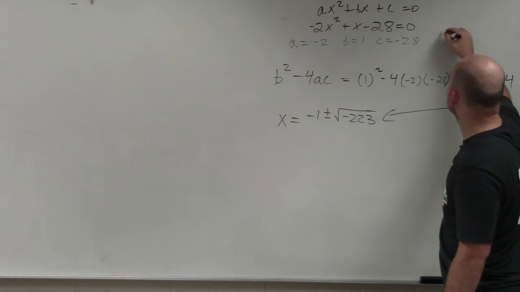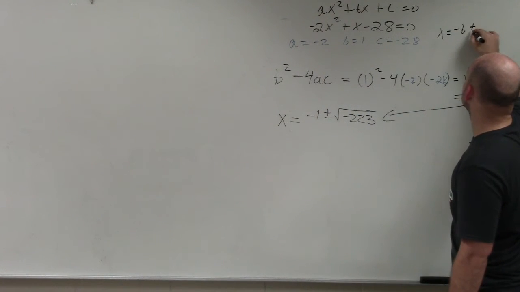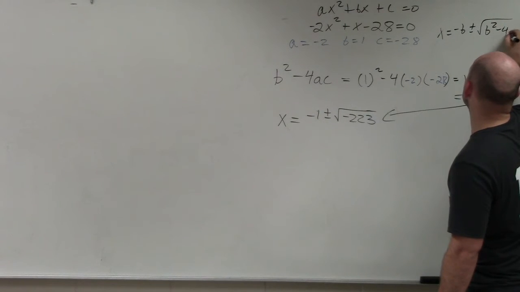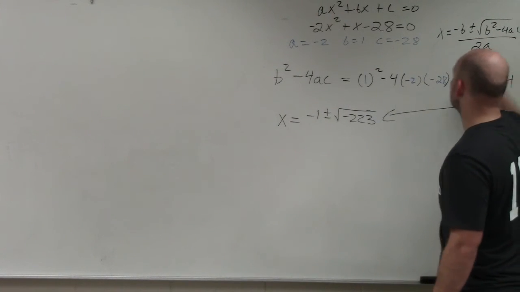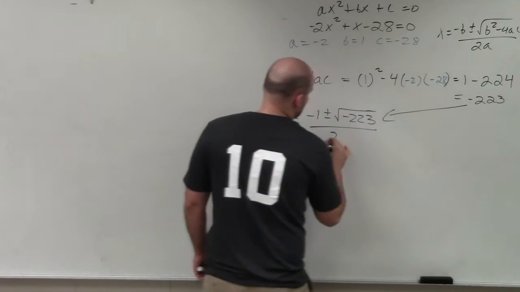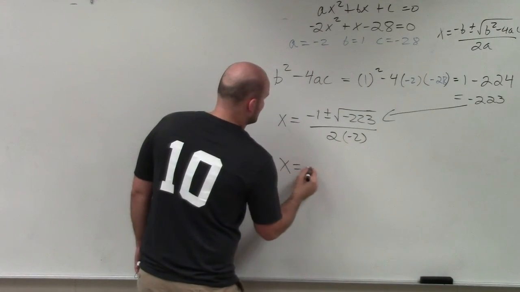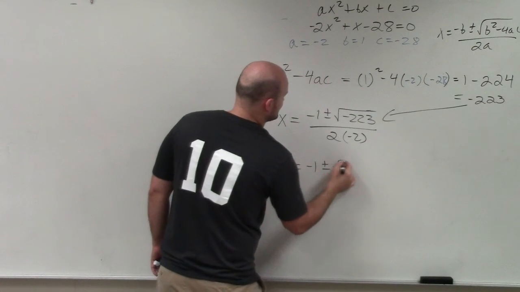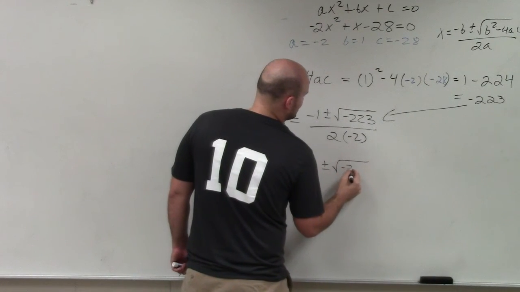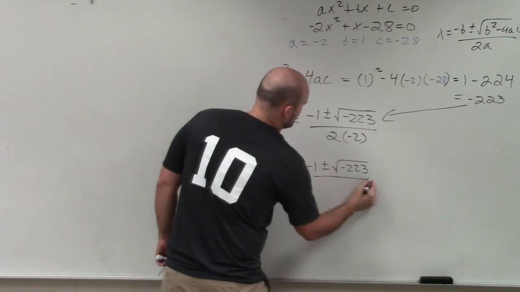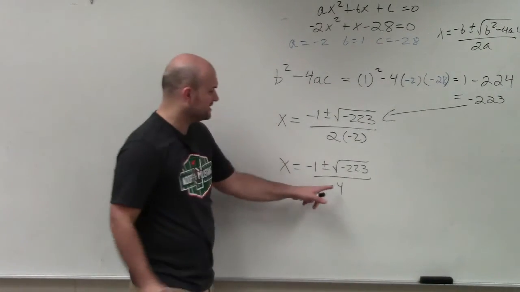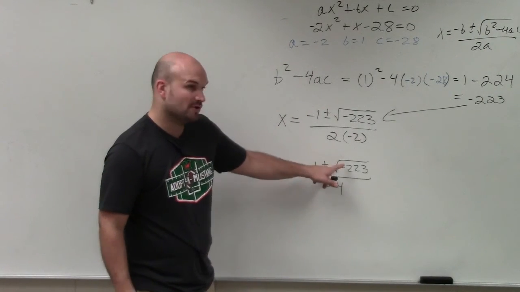The formula is x equals the opposite of b plus or minus the square root of b squared minus 4 times a times c, all over 2 times a. Then I do 2 times a, which is negative 4. So x equals negative 1 plus or minus the square root of negative 223 divided by negative 4. We could easily divide that negative 4 into both of those.